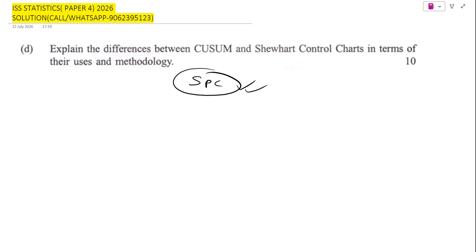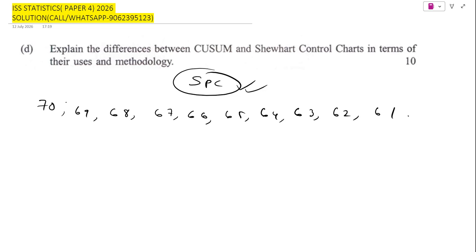Okay, now here is a question. Suppose your examination marks become like 70, 69, 68, 67, 66, 65, 64, 63, 62, 61. Every day's decrease is 1 mark. Okay, just 1 mark.